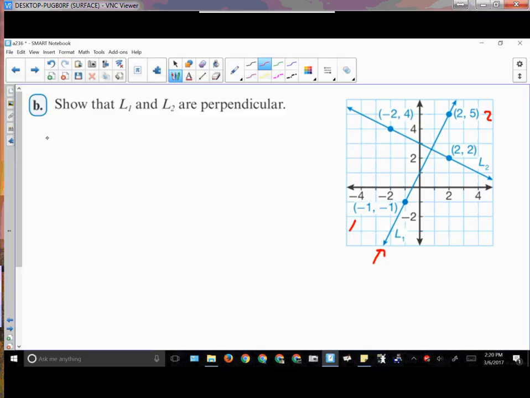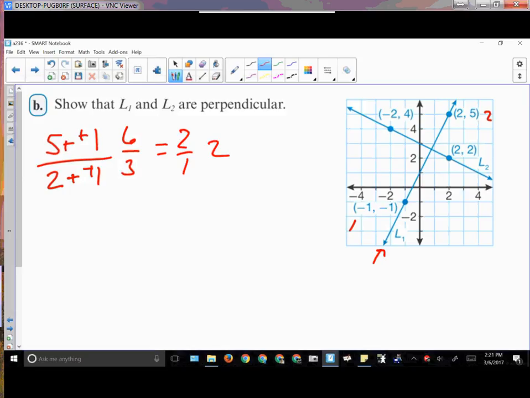So for our y2, we would have 5 minus -1 over 2 minus -1, right? y2 minus y1, x2 minus x1, plus 6, plus 3. So that means that we have a slope here of 2 over 1, or just 2.